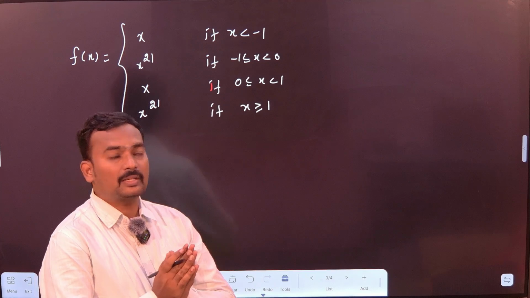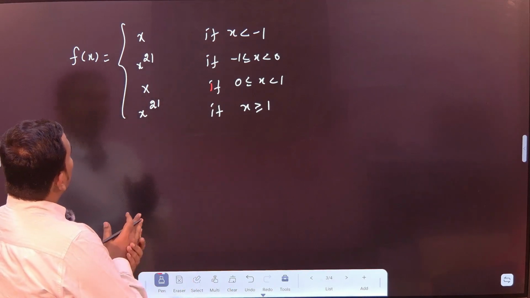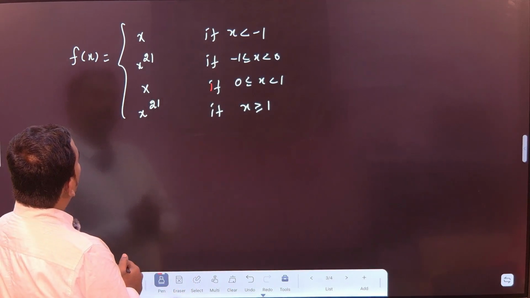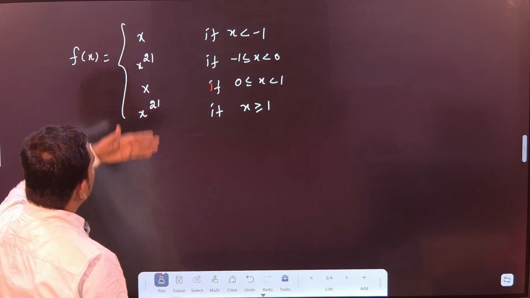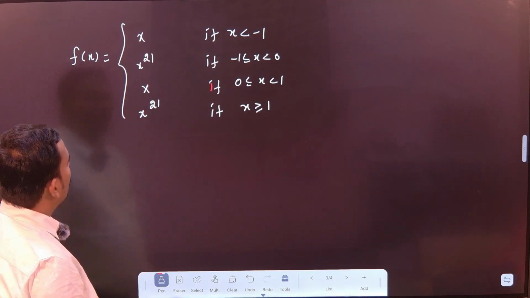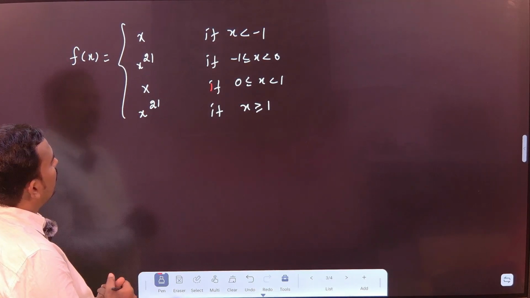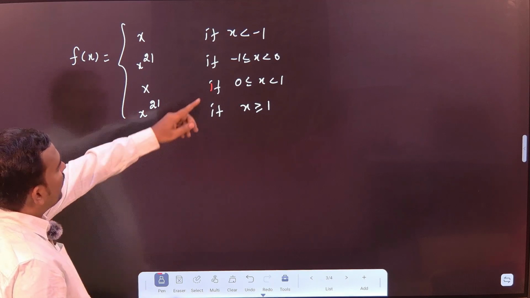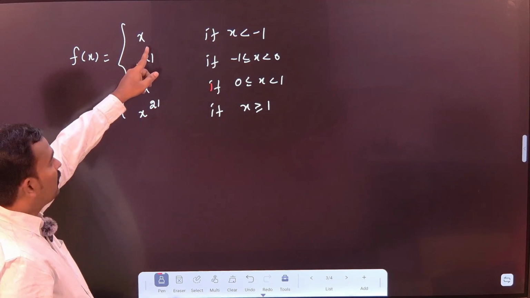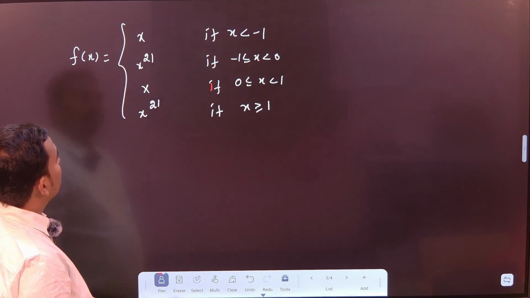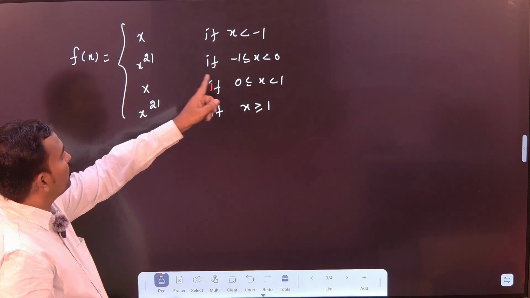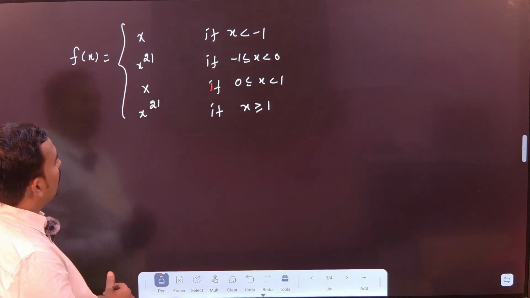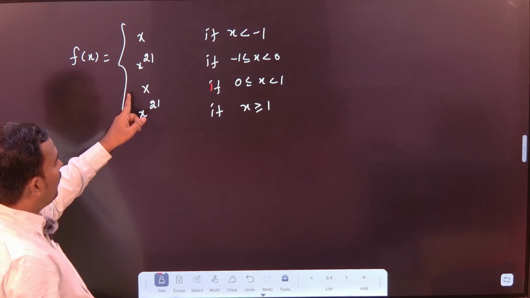Then how to check the continuity, right? You can see this is your polynomial function, right? The variable is x, and x power 21 is there. When x is less than minus 1, it's a straight line, y is equal to x. When you take minus 1 to 0, that is x power 21, 0 to 1 will be x again.